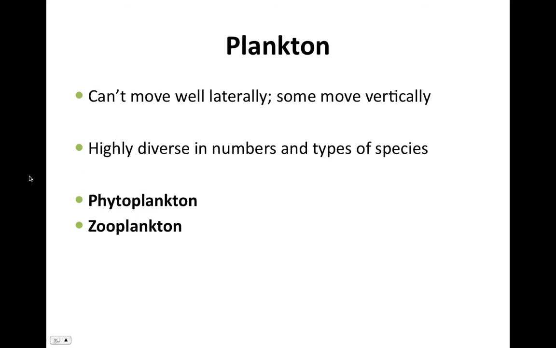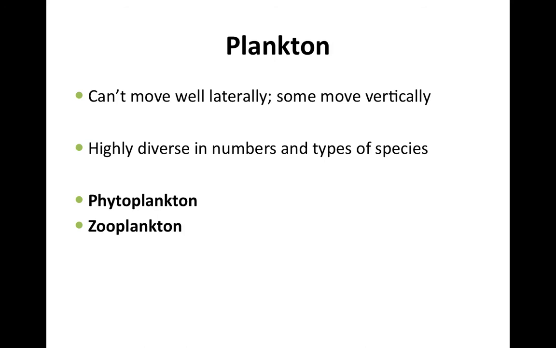Okay, so first of all, we've mentioned plankton several times throughout this course. We never formally defined what plankton are. Plankton are any pelagic organisms that cannot move well laterally. Some of them can swim partially, some swim to some extent vertically, so they can move up or down slightly, but they cannot swim against the currents.